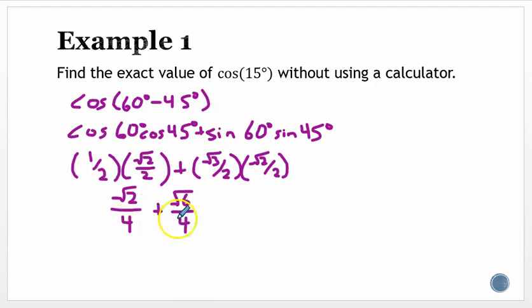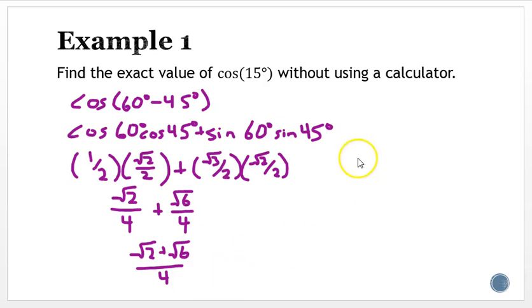Now these two fractions actually have a common denominator, so then I would expect you to combine them into one fraction that says square root of 2 plus square root of 6 all over 4. Some calculators might be able to spit out answers that look like this, but if you don't actually go through the process of doing this on your own, you may find that it rearranges things in different ways.